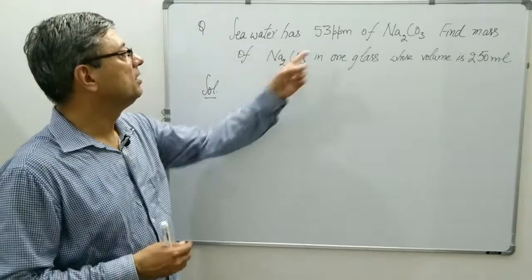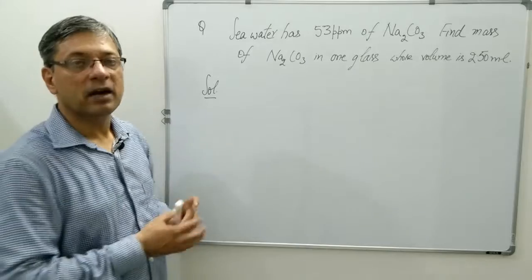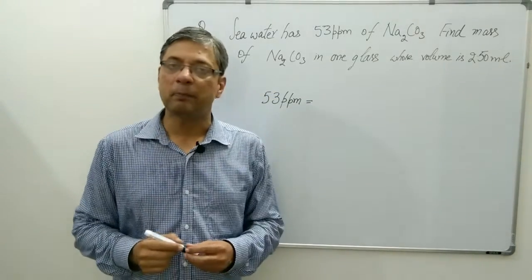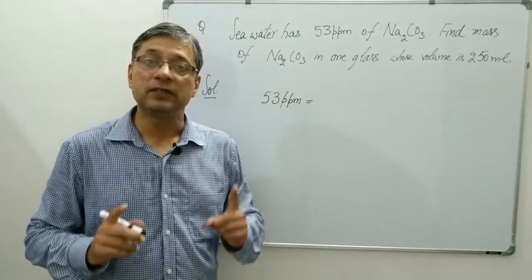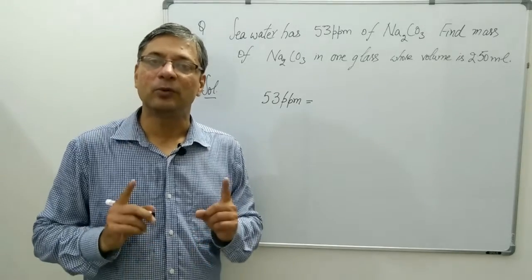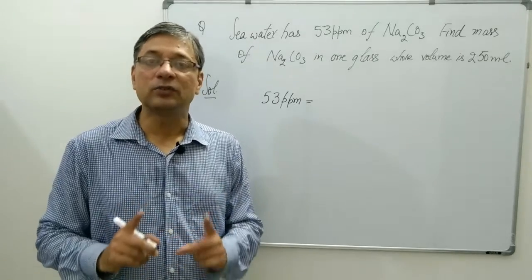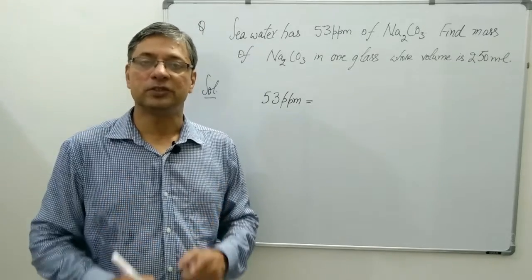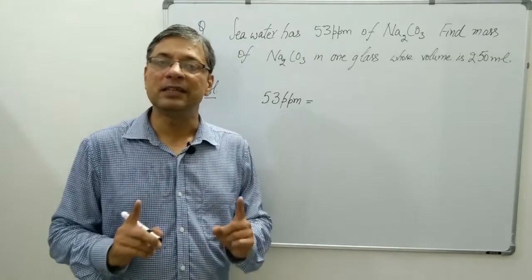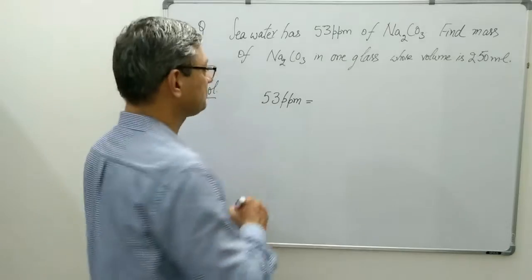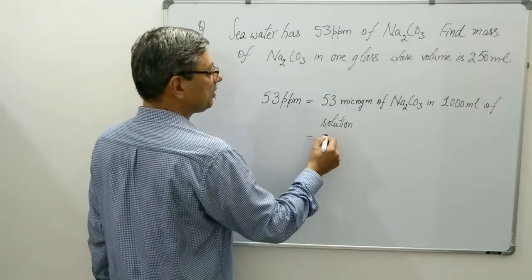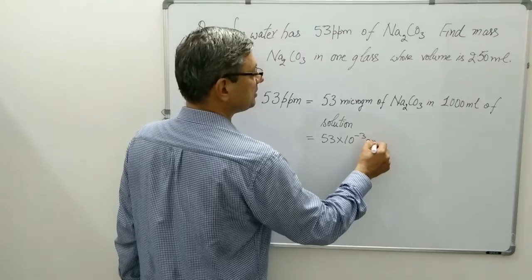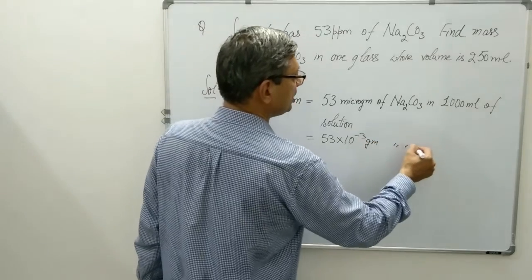We are given 53 parts per million. 53 parts per million means 53 micrograms of sodium carbonate in 1 liter of solution or 1000 milliliter of solution. Converting micrograms into grams, 53 into 10 to the power minus 3 grams of Na2CO3.